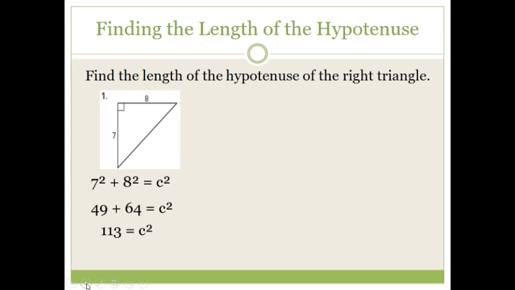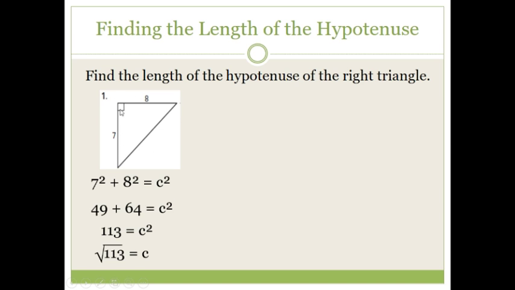Finally, we don't want to know what c squared is, right? We want to know what c is. So in order to find c, we take the square root of both sides. And if ever you forget that last step, all you have to do is think about your answer and look at the triangle that you've been given. For example, if I stopped at step 3, where I had 113 is equal to c squared, and perhaps I thought 113 was my answer, just look at the picture.